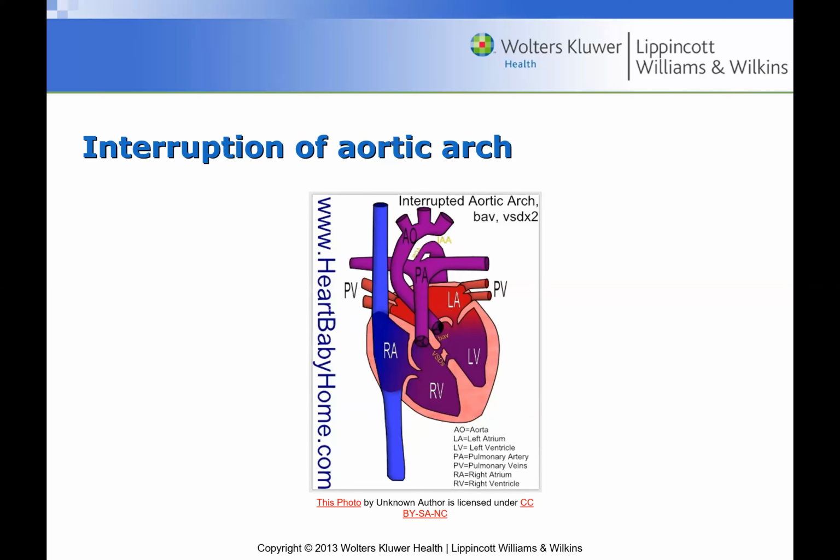What happens is, because of how these hearts adapt, it's crazy, the ductus arteriosus is able to shunt the blood from the heart to the rest of the aorta, the descending aorta. Although there is an area where the aorta is basically just not there.